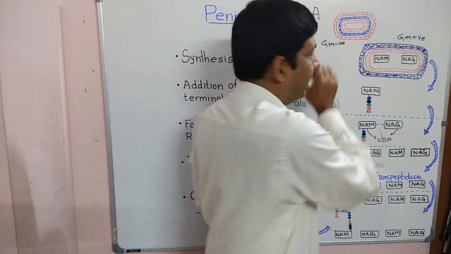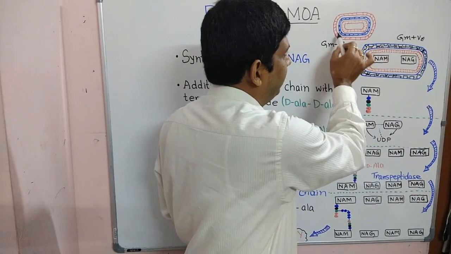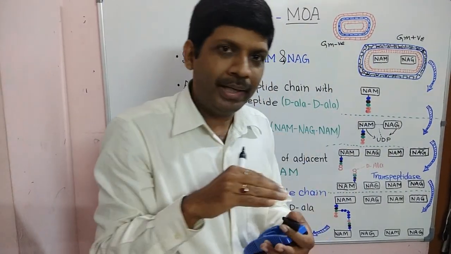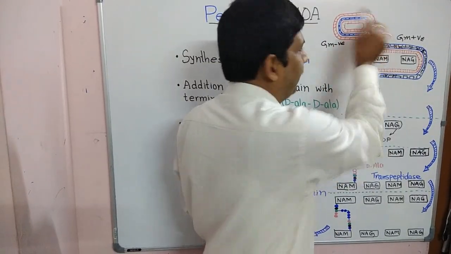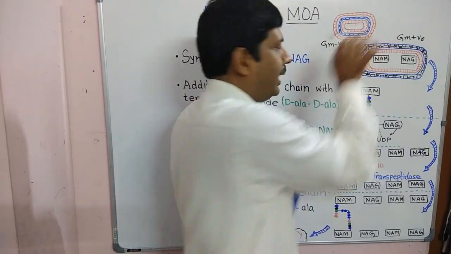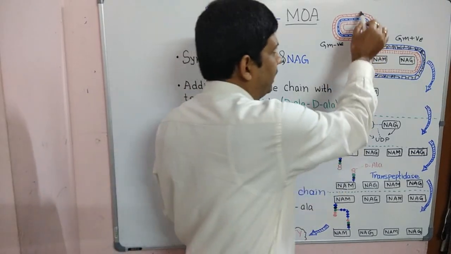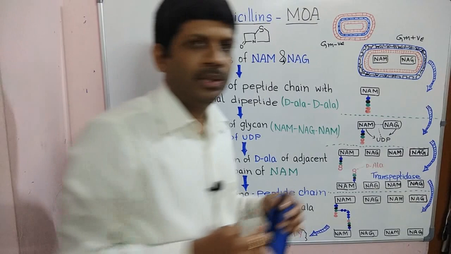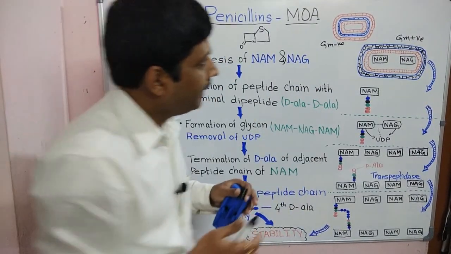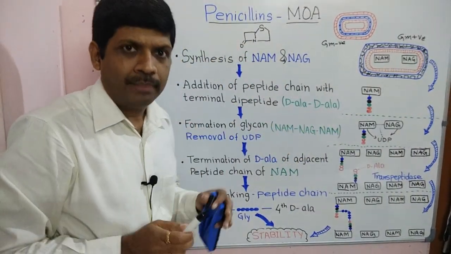In gram-negative, there is a membrane, then a peptidoglycan layer which is very thin, and this layer is embedded in the bilayer. So it is very difficult to cross this and reach the cell wall. There are many membranous proteins here which allow some antibiotics to pass through, but that is a different story. This is why these are mostly active against gram-positive bacteria.